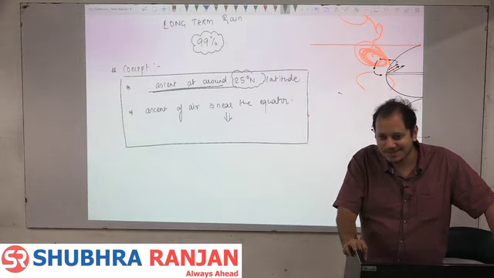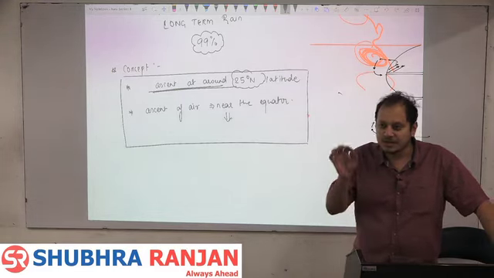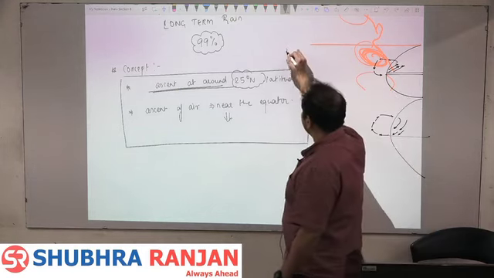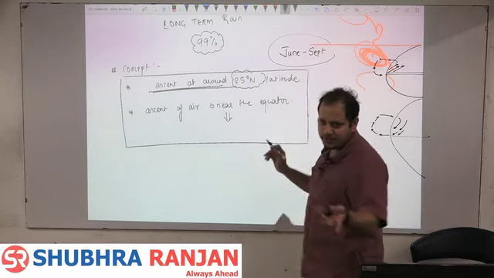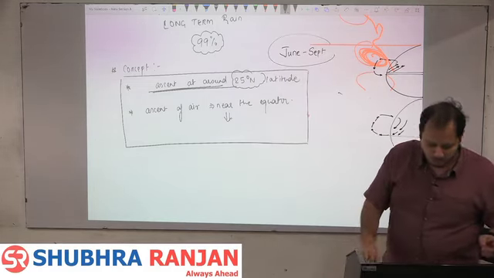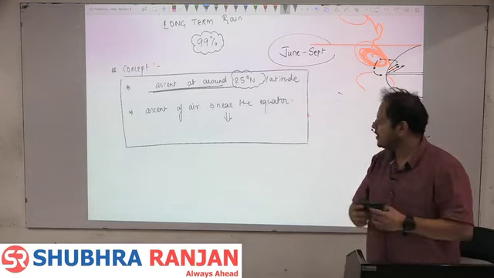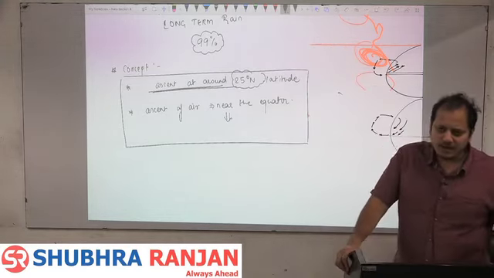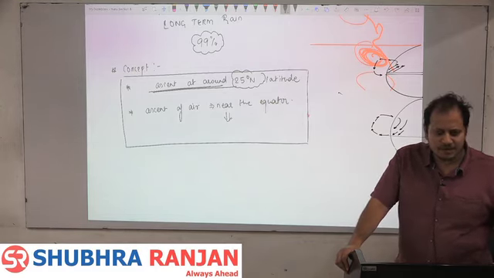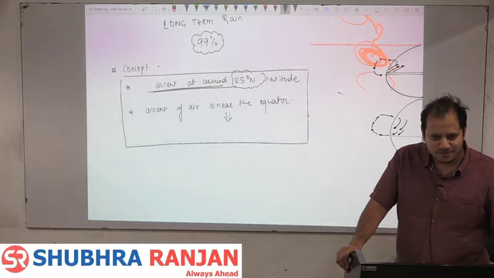High pressure means descent of air. Normal condition means only from June to September; the rest of the time there is a low pressure belt over the equator. That is why our climate, our culture, our way of living, our ethics, our values are different from the rest of the world. Because neither the wind follows the Hadley cell, the jet stream is different, the physiography is different, the climate is different.